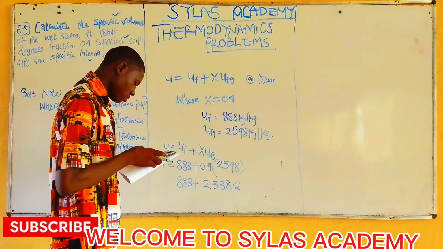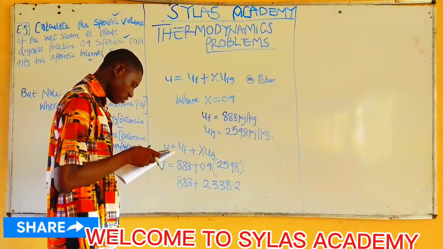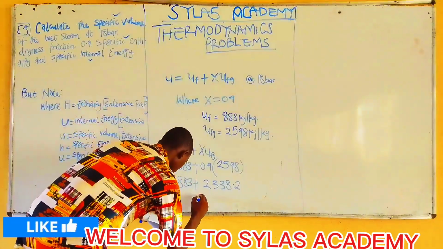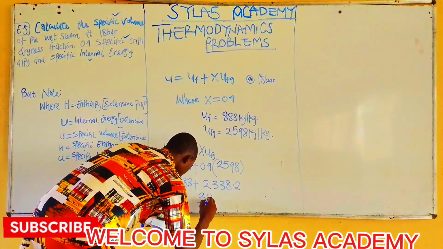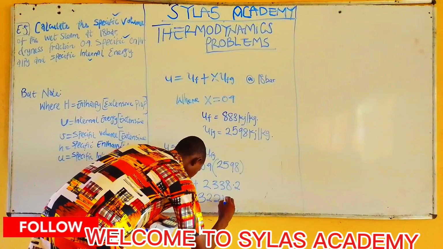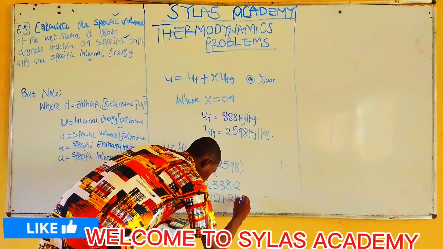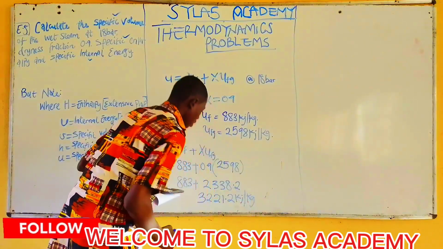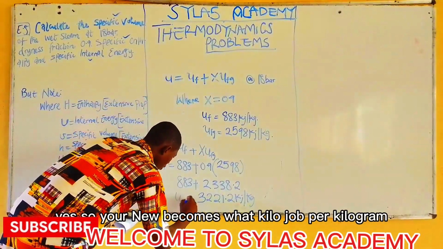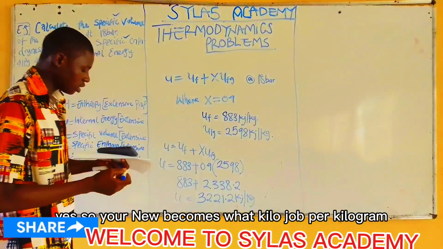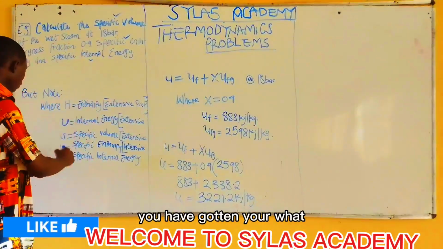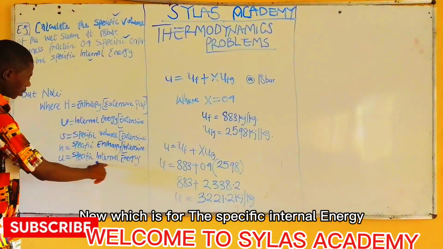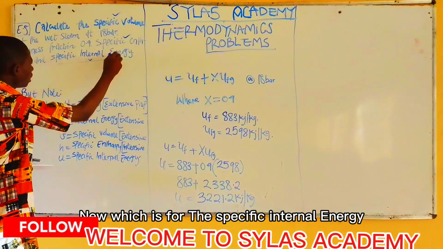Plus 883, you have 3221.2 kilojoule per kilogram. So your u becomes 3221.2 kilojoule per kilogram. You have gotten your u, which is the specific internal energy.